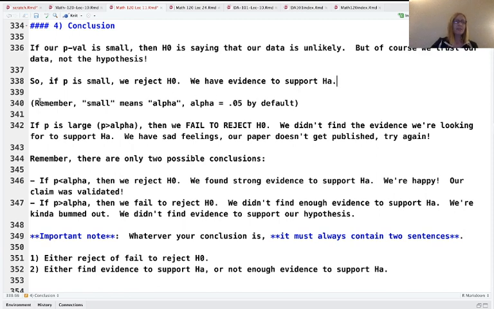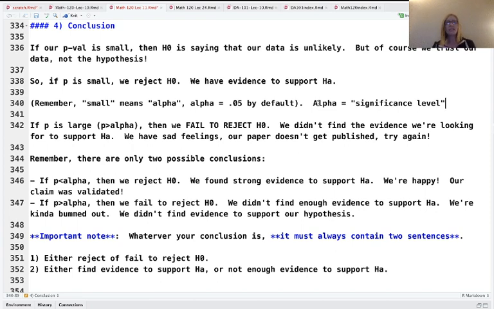Remember, when I say small, that's what that alpha thing is for. This whole alpha part doesn't come into play until step 4. Alpha isn't used until step 4. It's specifically our standard of proof. How small is small? That's what alpha is all about. It's called the significance level. Alpha equals significance level. It's how small this p-value's got to be.